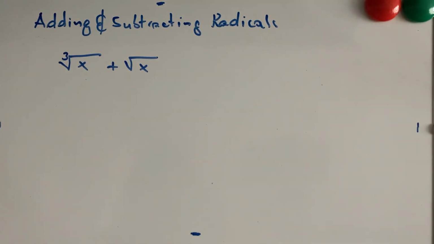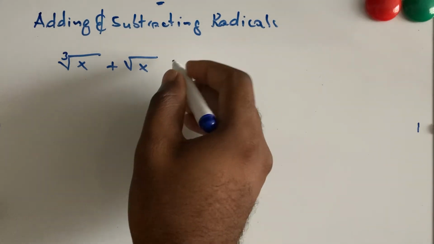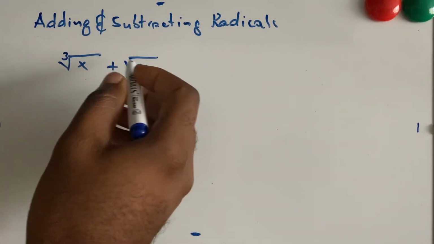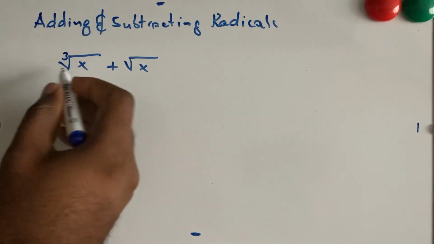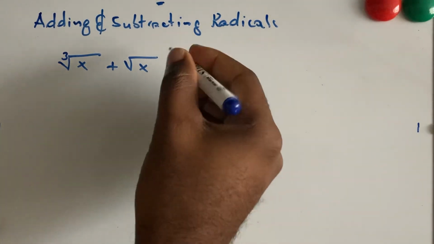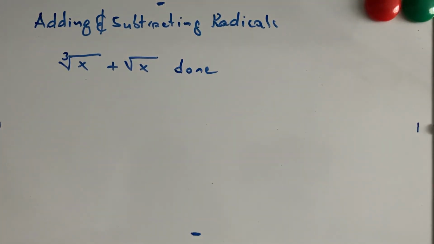Now be careful. Can you combine them here? Well, they're not the same radicals, so you cannot combine them. They're not like terms. So you're done here. Always check to see if they have the same index and same radicand.